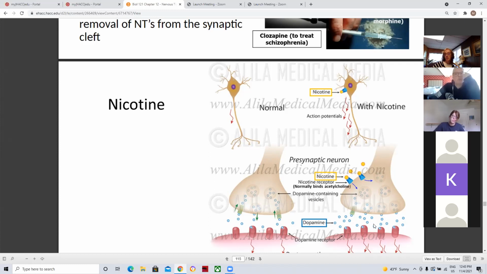So you release more and more dopamine into the environment. You've heard of people say that nicotine is next to heroin in its potency for addiction. For this reason, it increases dopamine release from neurons.